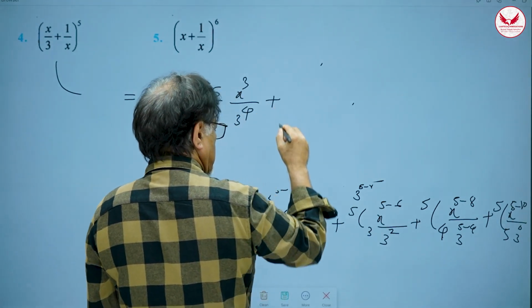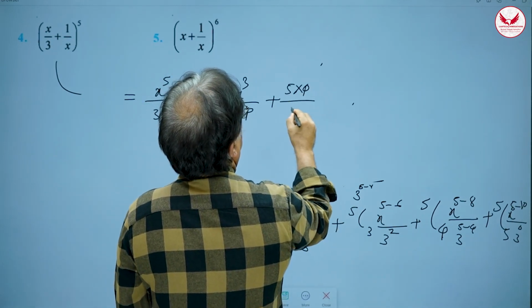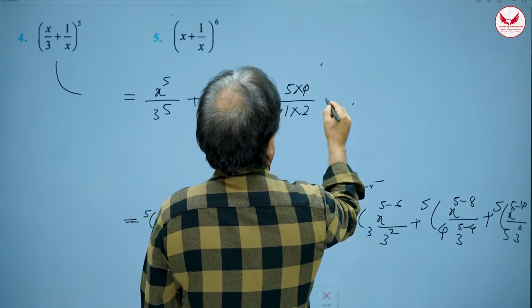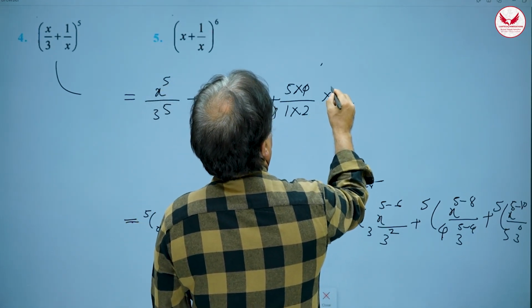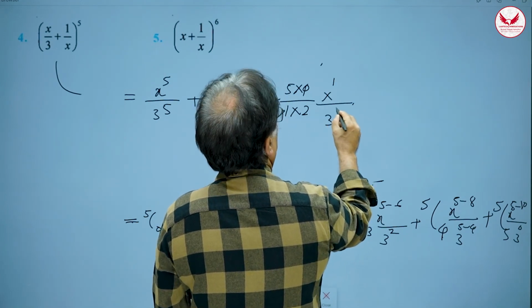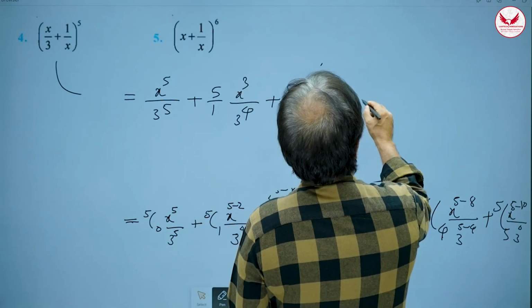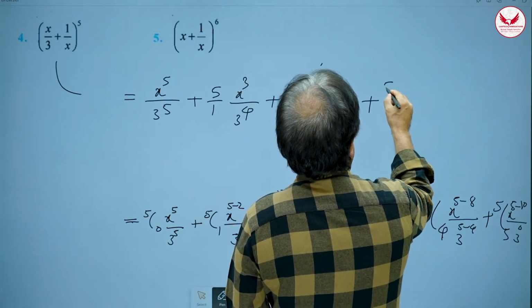Then the next term is 5C2, which is 5 multiplied by 4 divided by 1 multiplied by 2. It will be x raised to 5 minus 4. So it is x raised to what? 1 divided by 3 raised to 3. Okay. The next term is 5C3, but 5C3 is the same as 5C2.